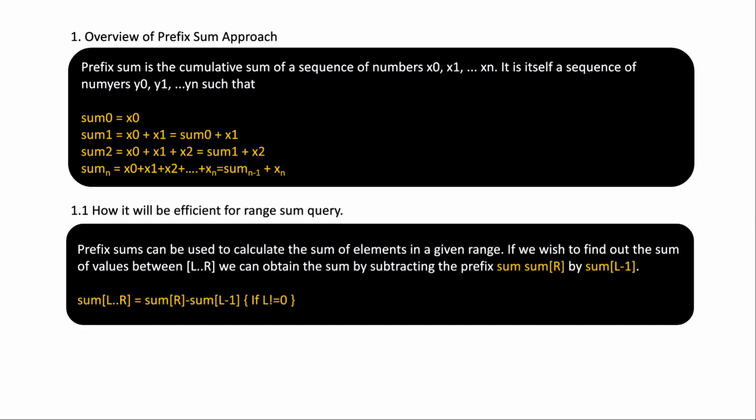Prefix sums can be used to calculate the sum of elements in a given range. If we wish to find the sum of values between, let's say, L and R, we can obtain it by subtracting the prefix sum of L minus 1 from the prefix sum of R. So let's say you have calculated a prefix sum and then a query is given where you want to find a sum between L and R. That can be found because the sum of R has all the sum from 0 to R, and then you subtract the sum up to L minus 1.